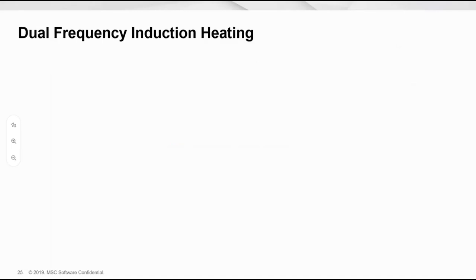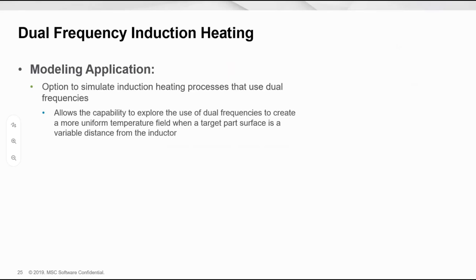Next, a workflow specific enhancement that we did was dual frequency induction heating. Induction heating is something we have been working on for multiple releases. In this release, we expanded our range of capabilities for simulation of these types of processes by adding dual frequencies.